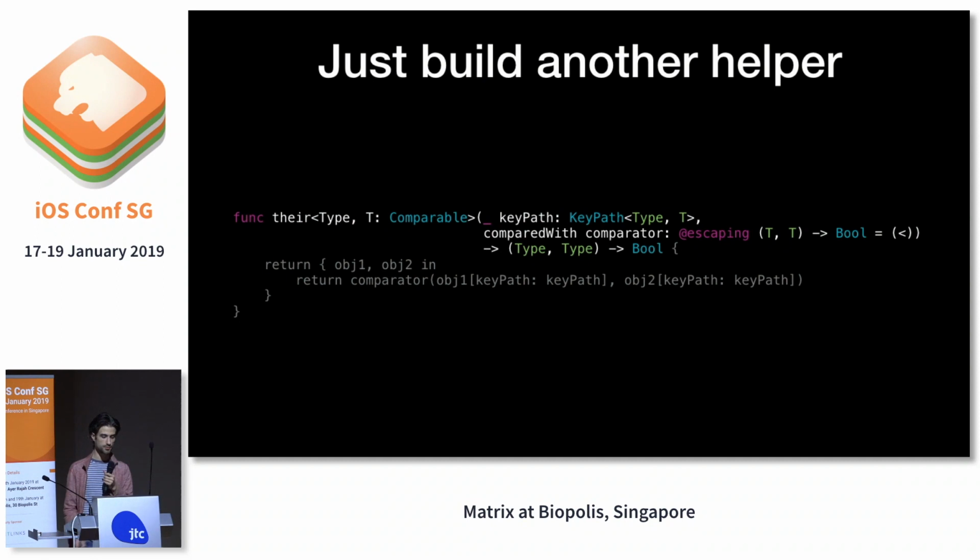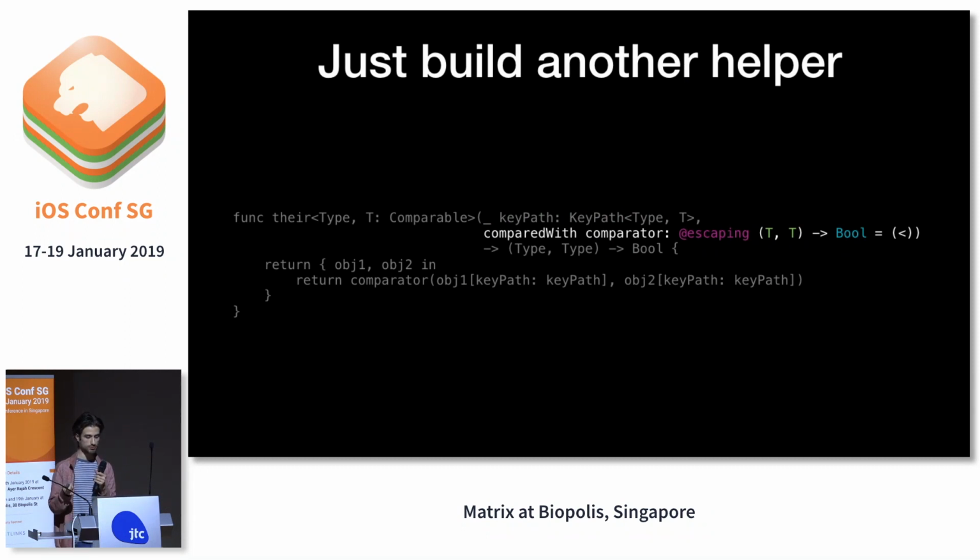So it takes two generic parameters, a type and the value that is going to be comparable, because we want to be able to do comparison. We're going to take as argument a KeyPath to access the property that we want to sort on. We're going to take a comparator to actually perform the comparison the sorting algorithm expects.